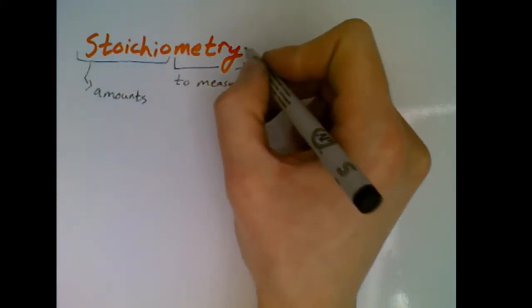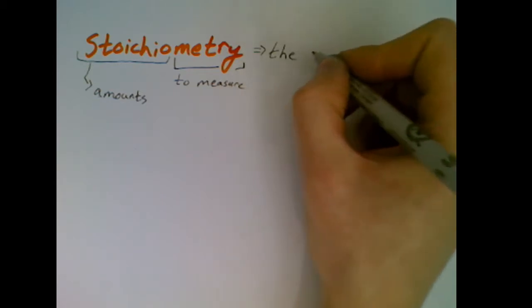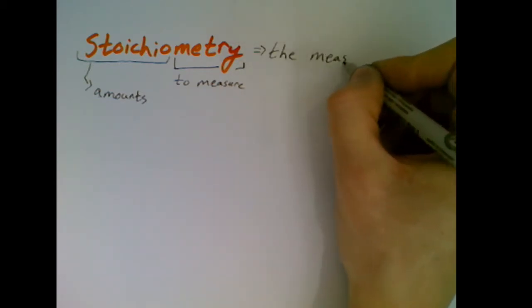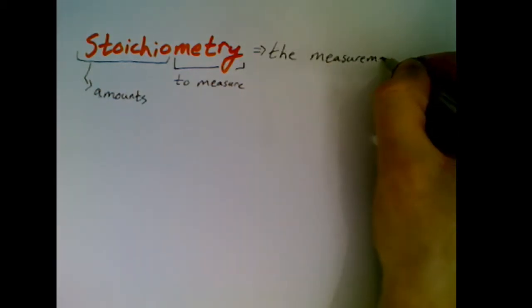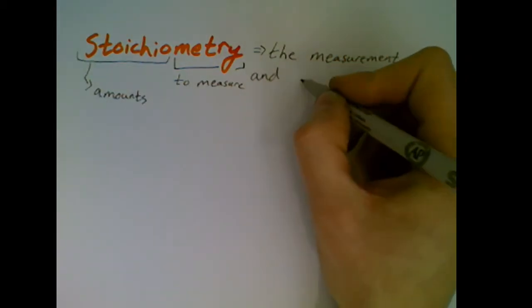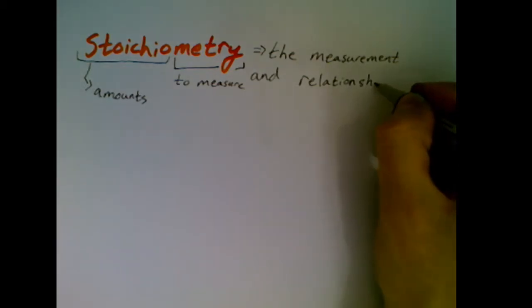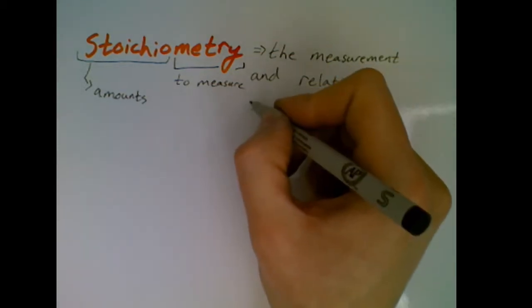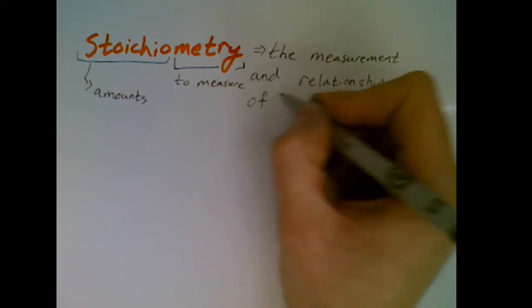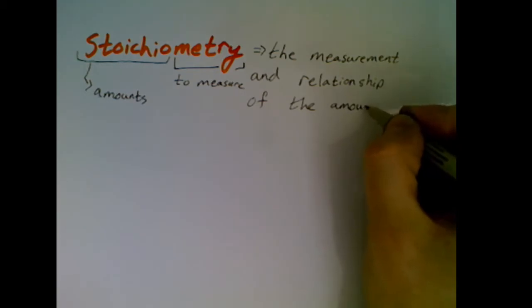So when we talk about stoichiometry, what we're actually talking about is the measurement and relationship of the amounts of substances.